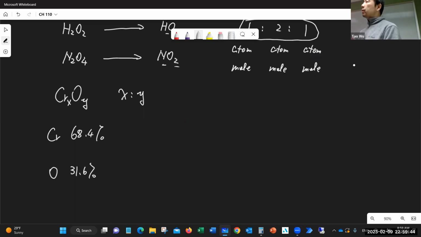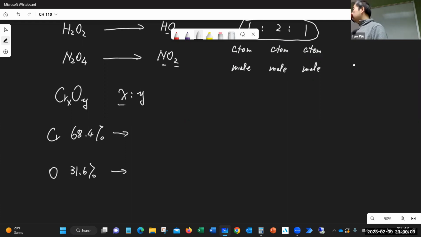We know the percent composition for each of the elements, and we try to figure out the ratio between X and Y. The best way to solve this problem is to figure out the mass for each of the elements.